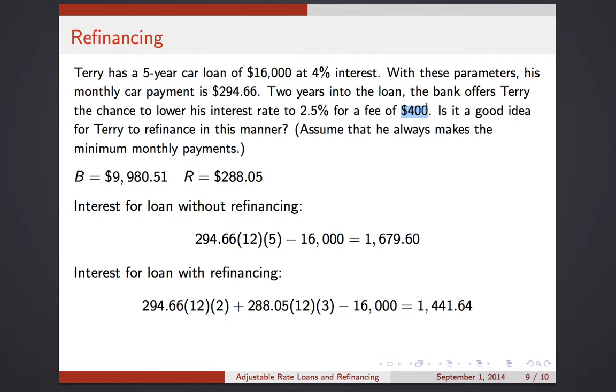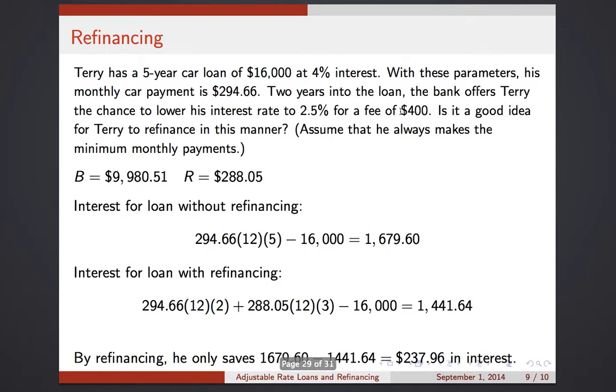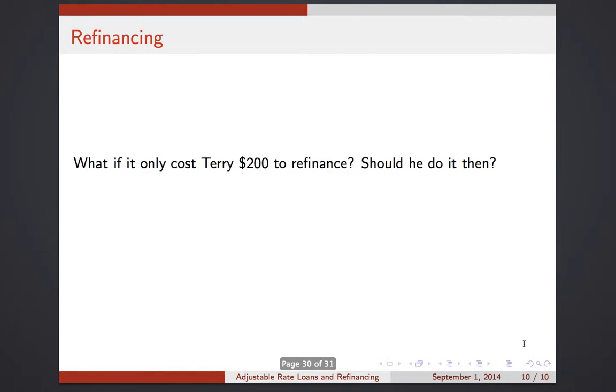So if I were Terry, I would not accept this deal. It looks like a pretty significant drop, 4% to 2.5%, but it doesn't save me $400. It doesn't even save me $300. It saves you about $250. Yeah, so by refinancing, he only saves $237.96 in interest. So he probably shouldn't do that, right?